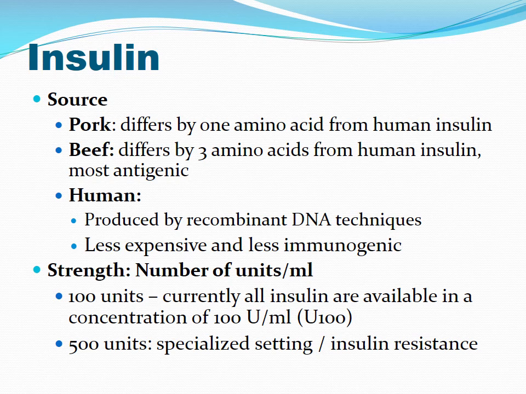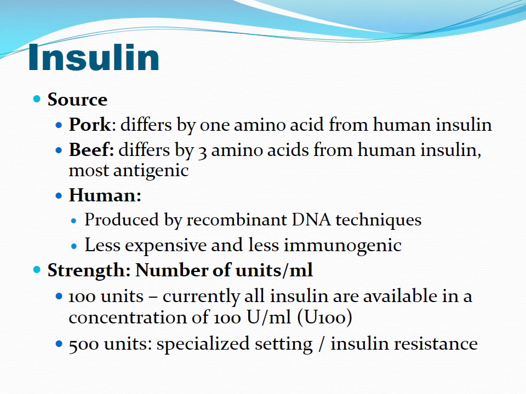The strength of insulin is usually given as units per mL, 100 units. Currently, all insulins are available in a concentration of 100 units per mL. 500 units per mL is also available but used in some settings and in cases of insulin resistance.